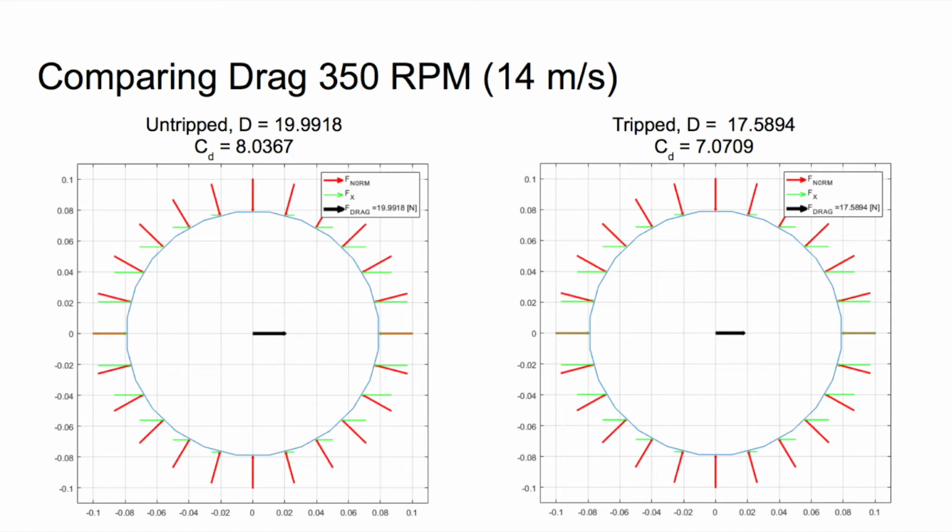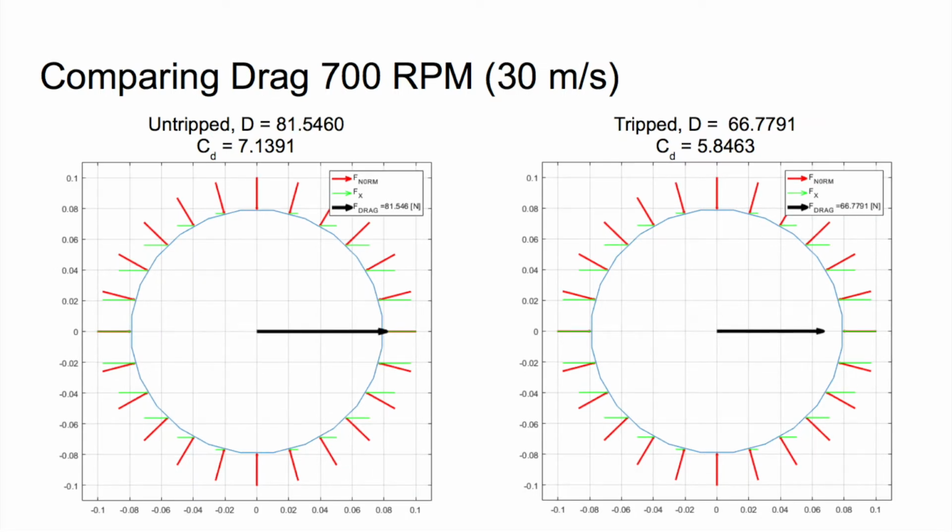And this continues when we look at the 700 RPM case, in which you notice that the drag and coefficient of drag on the tripped cylinder is much less than that of the untripped cylinder. Interestingly enough, the highest coefficient of drag was actually found for the tripped cylinder, the cylinder with the trip strip, on the 5 meters per second run.